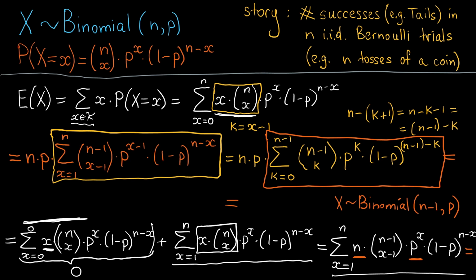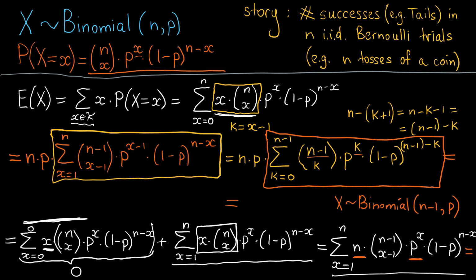So think of what its PMF would look like, right? The standard one, but now we're replacing n with n minus 1, and that's exactly what we have there in the combinatorial term. And our index variable here is k. Okay, that's fine, it doesn't matter what letter is used for the index variable. p is then raised here to x, here it is raised to k. Okay, so that looks good.